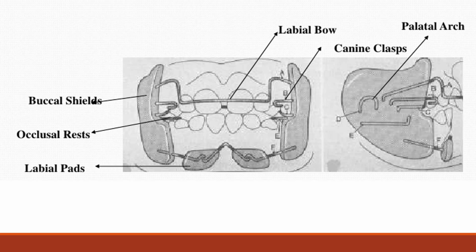This is achieved with the use of wires and acrylic shields to displace the cheeks and lips away from the teeth, as well as encouraging forward posture of the mandible.